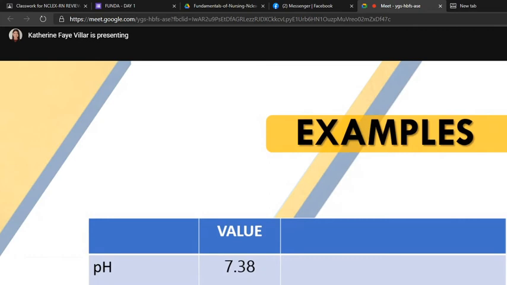Tama po kayo sa HCO3 na acidic siya. How about your pH? pH is still normal, but this is geared towards the acidic or alkaline side. Yes, perfect.